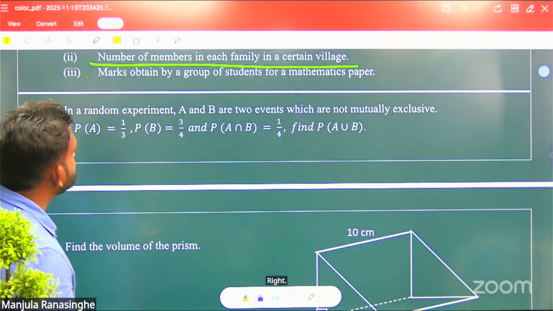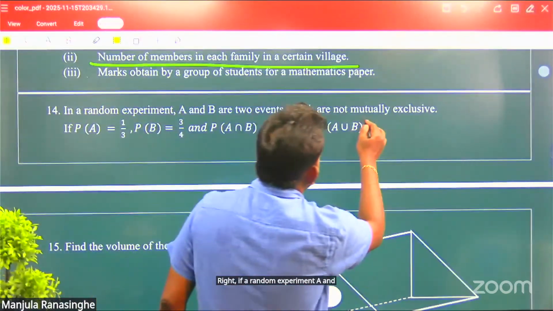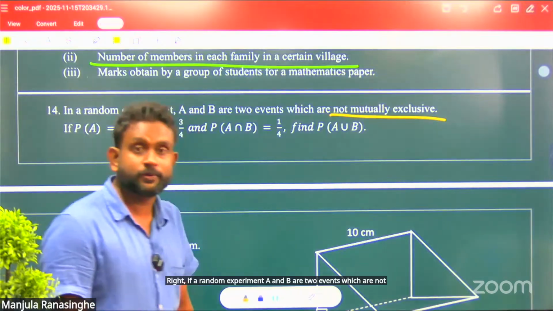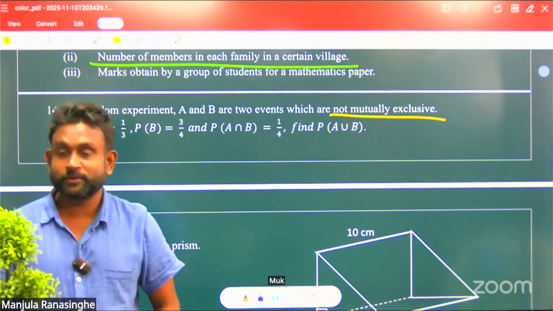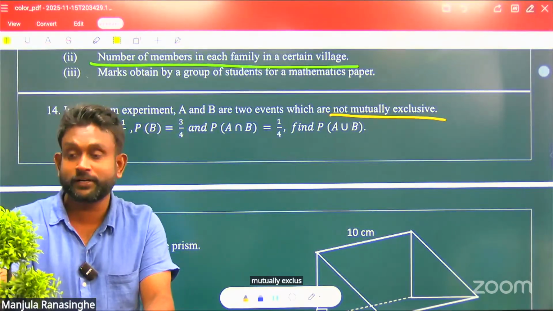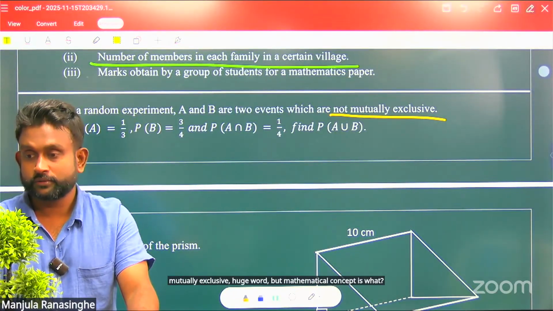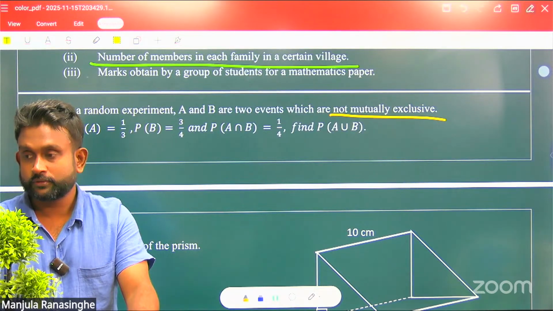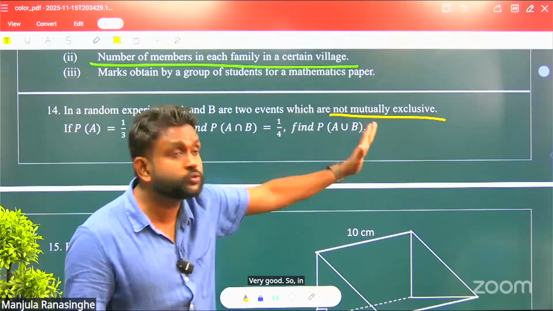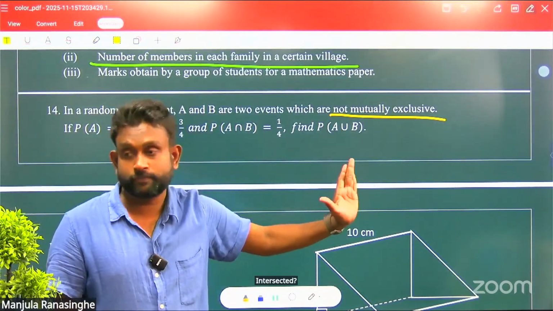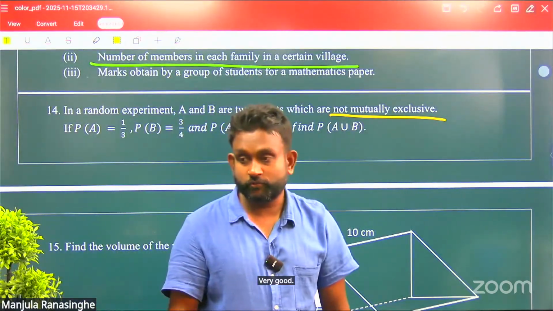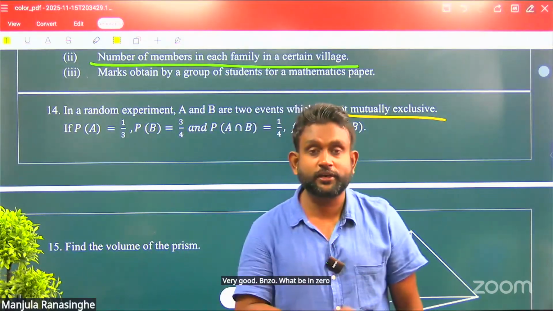Right. If in a random experiment A and B are two events which are not mutually exclusive. You all know the word mutually exclusive, a huge word, but what is the mathematical concept? Intersected. Very good. So in mutually exclusive events, the intersection is zero.